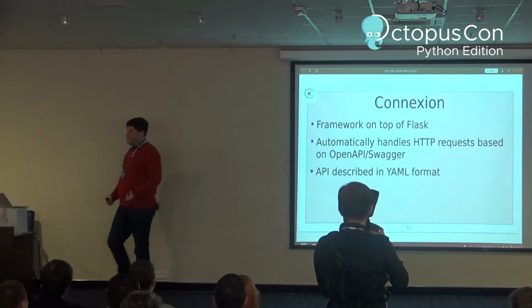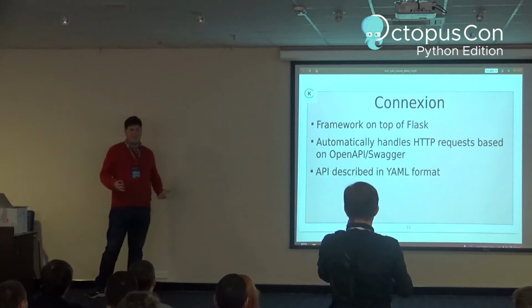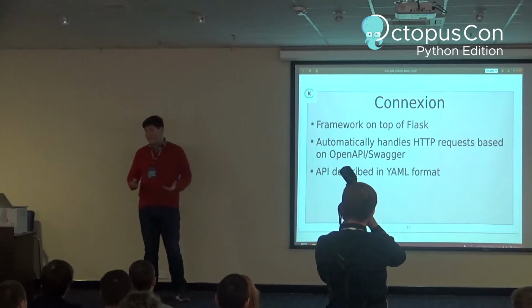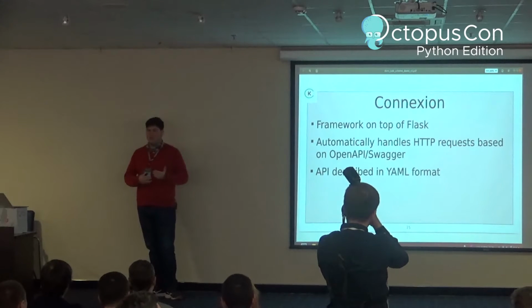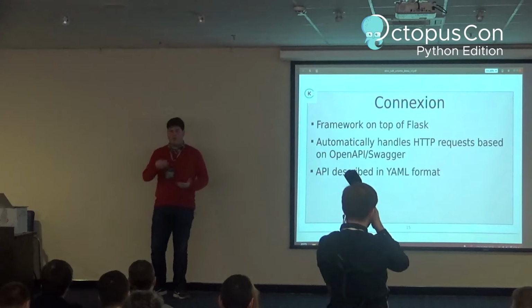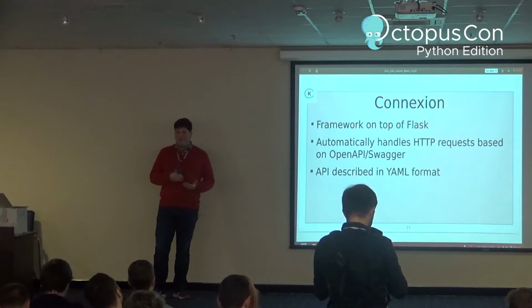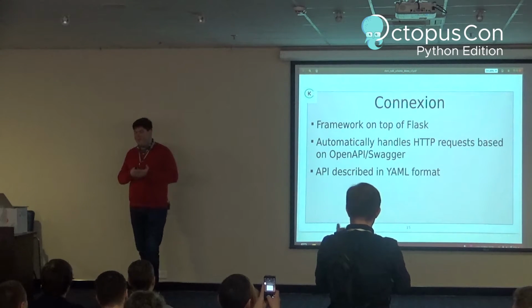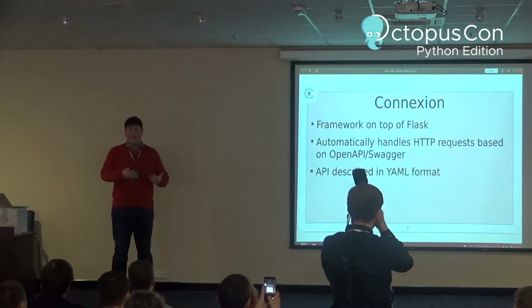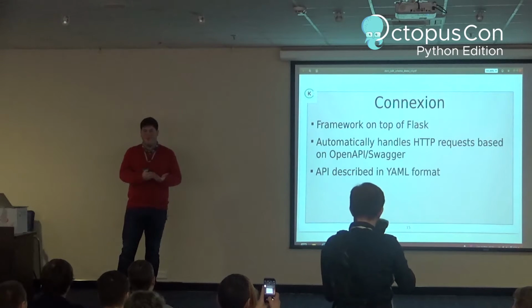So yeah, Connexion. It's a framework on top of Flask. It's great because it's light. It uses introspection into your schema to validate responses. If you break your own application, it's going to break on you, not on me, who am your user.